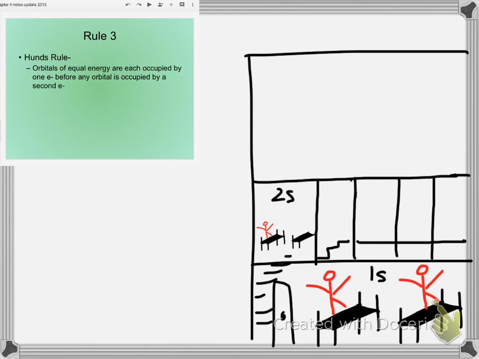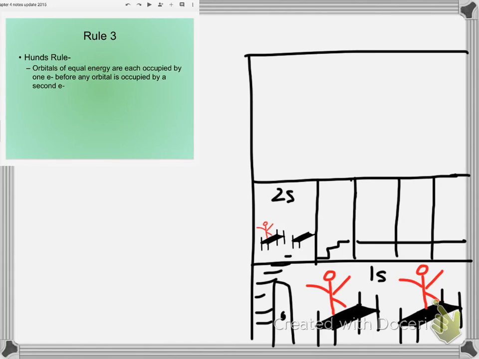So to occupy an orbital together, those 2 electrons have to overcome the force of repulsion. That takes energy. It takes energy to overcome a force of repulsion. But it takes less energy to do that than it does to climb the stairs. It takes less energy to overcome the force of repulsion than it does to go up to the next energy level.